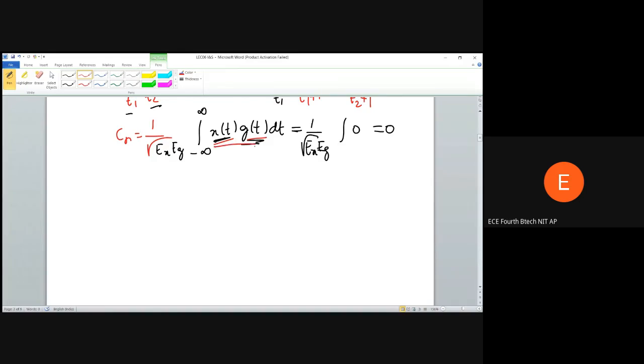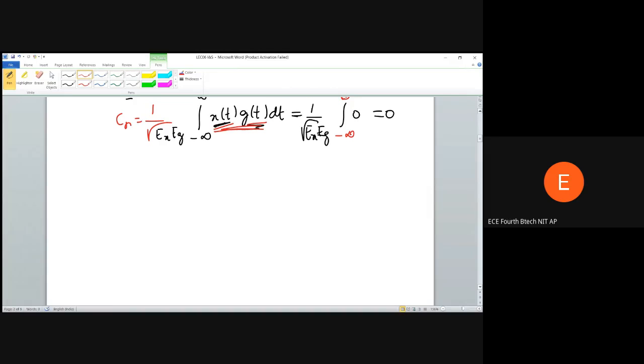If I take the product of these two signals, you will get 0 everywhere from minus infinity to plus infinity, and integrating that 0 signal gives 0 only. But to be frank, the signals x of t and g of t are both similar, and the only difference is the time delay. So for that reason, a correlation function is defined.